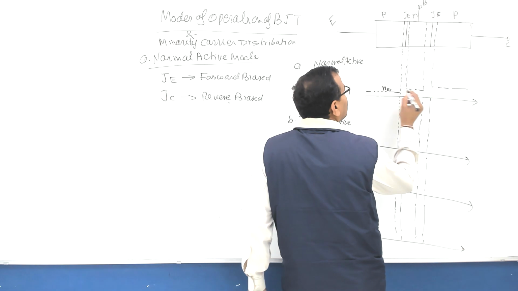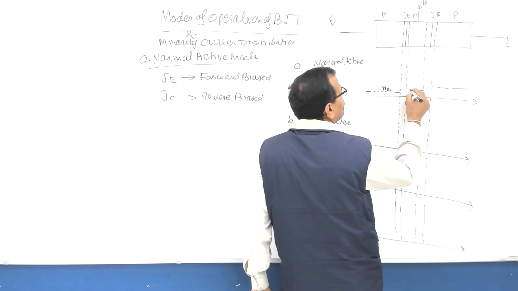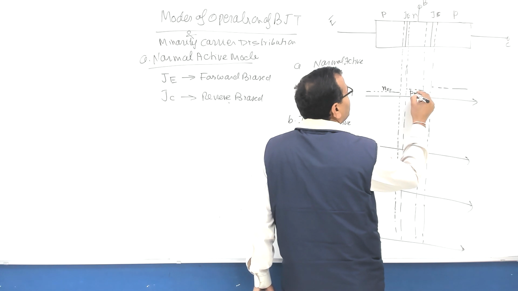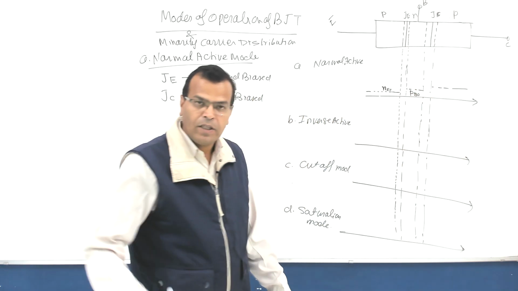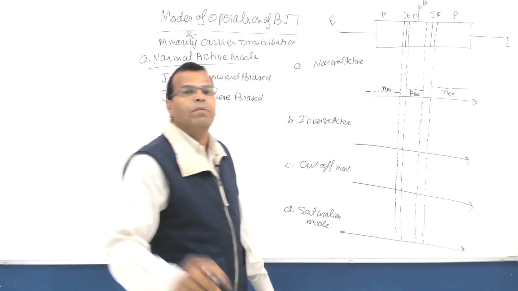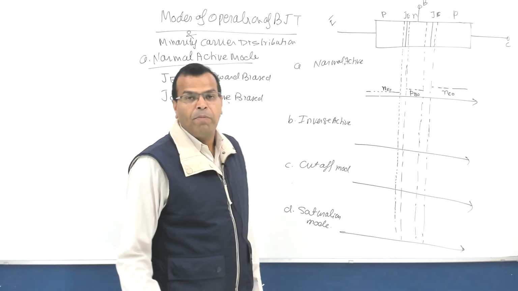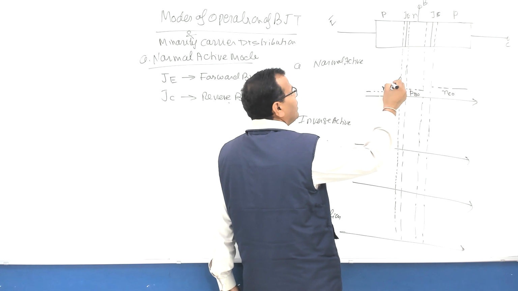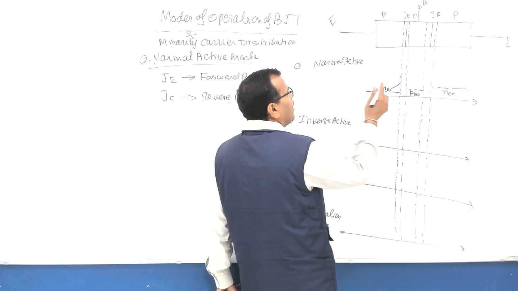Similarly, the concentration of holes in the base region at thermal equilibrium is Pb naught. Similarly, on this side, the concentration of electrons in the collector region at thermal equilibrium is Nc naught. But when the junction is forward biased, this concentration will vary like this. It will be reducing exponentially after injection.